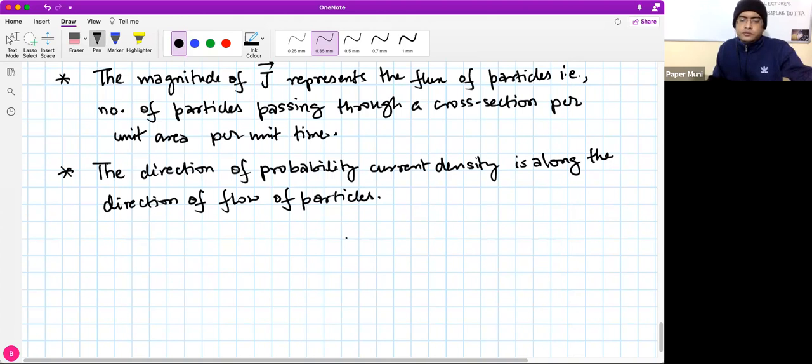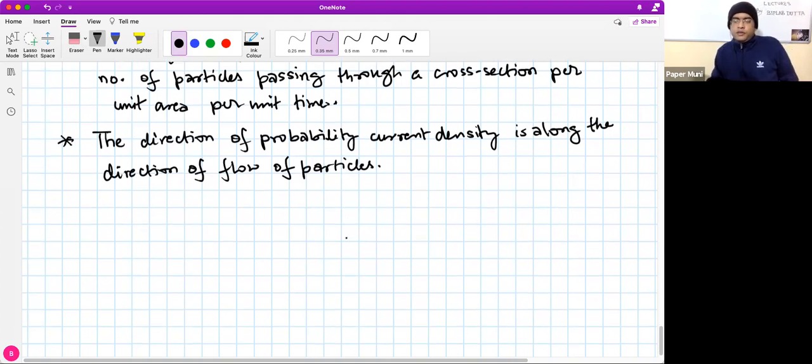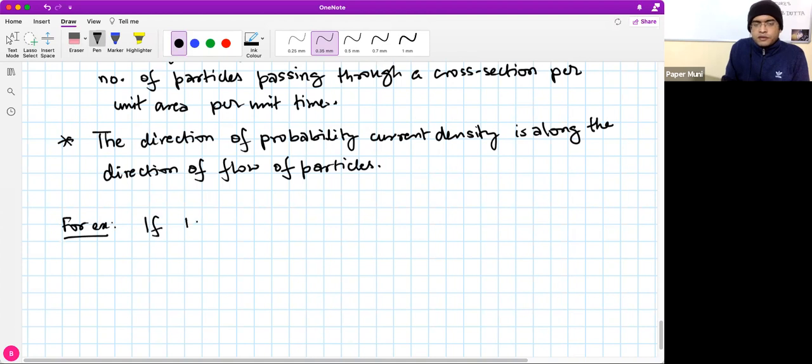Let's take an example to understand what we are looking for next. This is a different thing which I'm discussing next: the reflection coefficient and transmission coefficient.